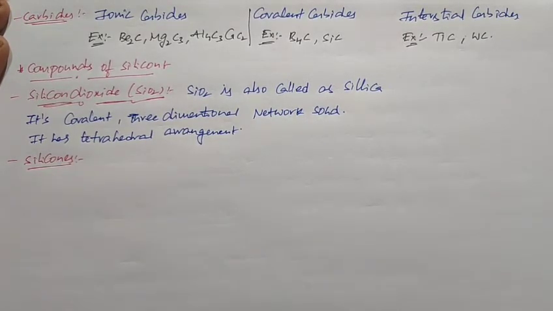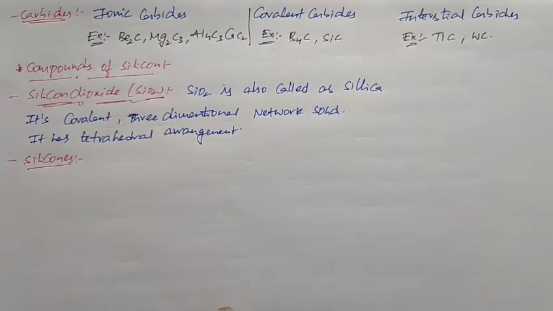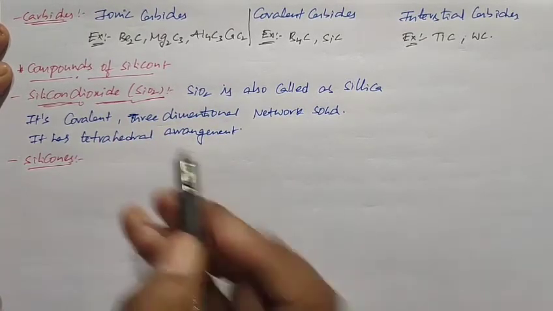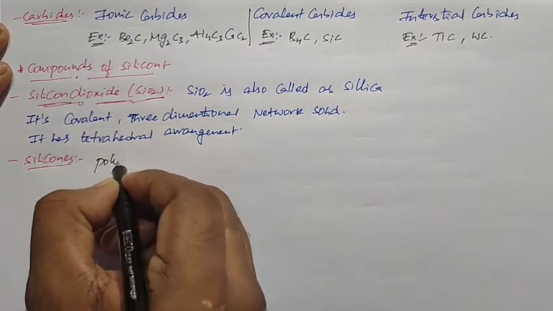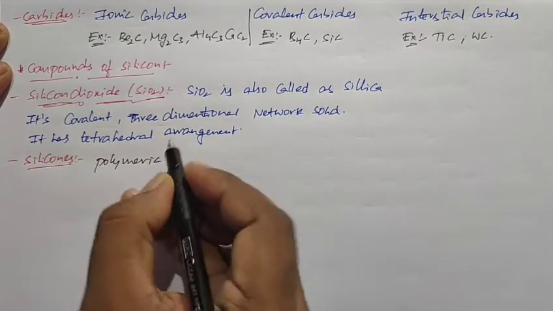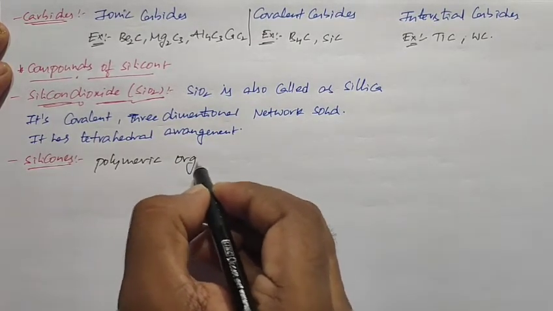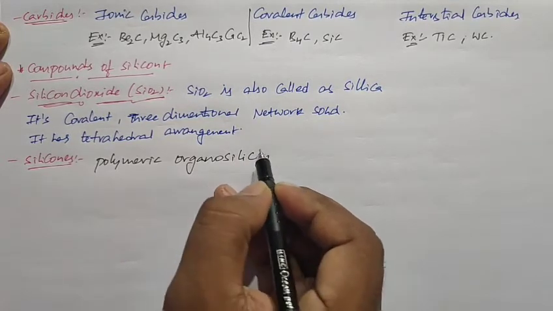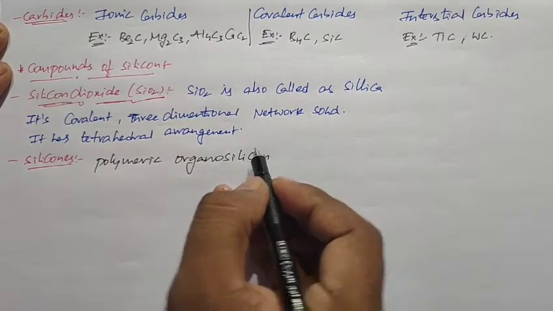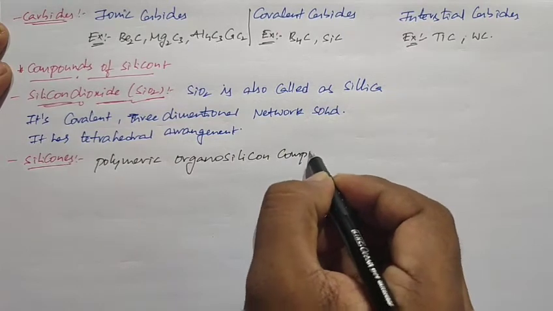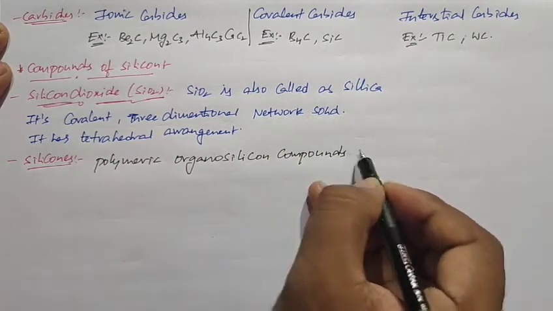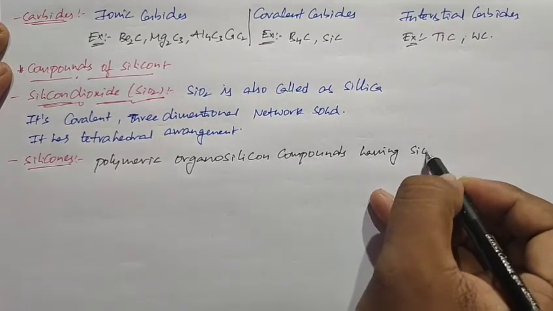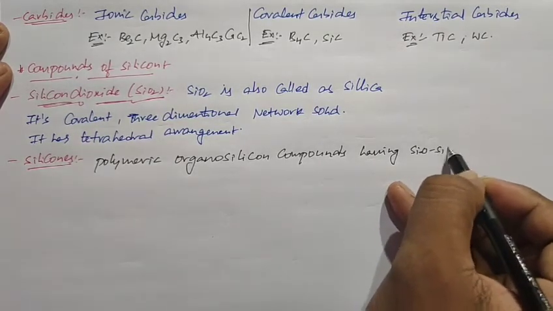Silicones are polymeric organosilicon compounds having an Si-O-Si bond.